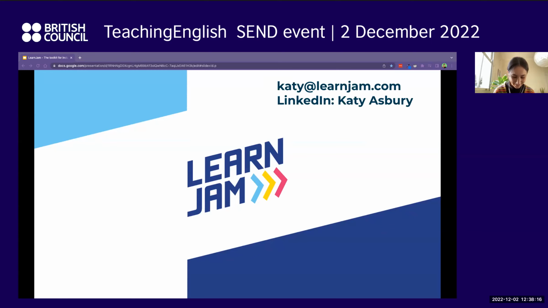But there is actually, in module 2 of the toolkit, it's looking at the physical environment of the learner. It's called, I've forgotten the name, but how to create a more inclusive learning environment.